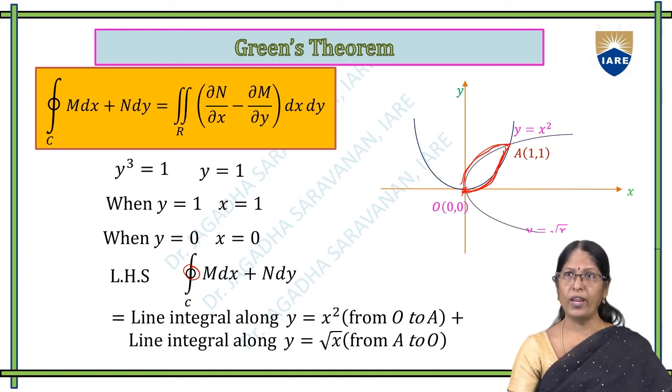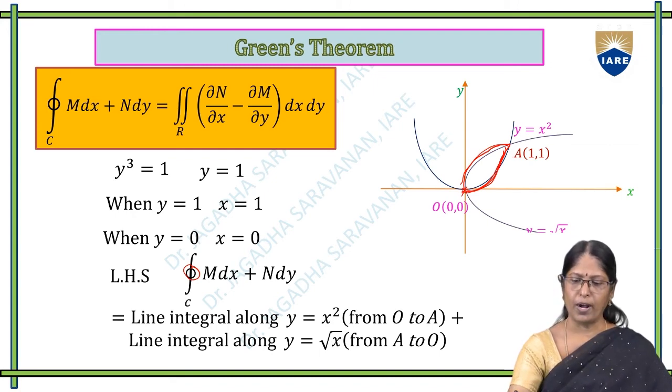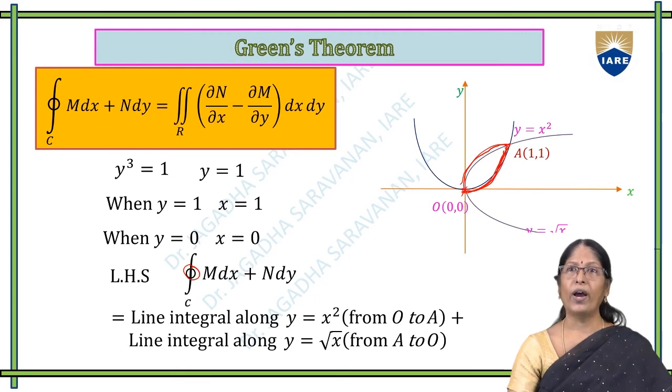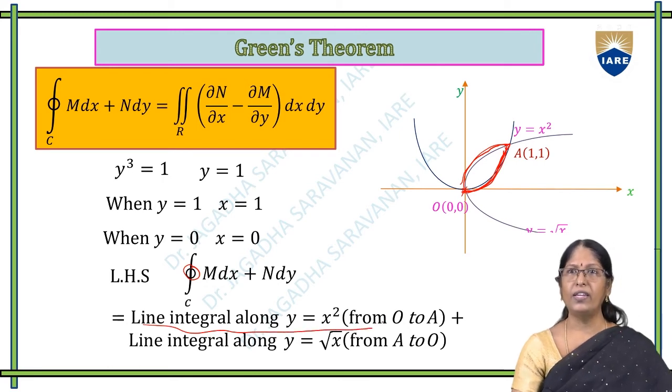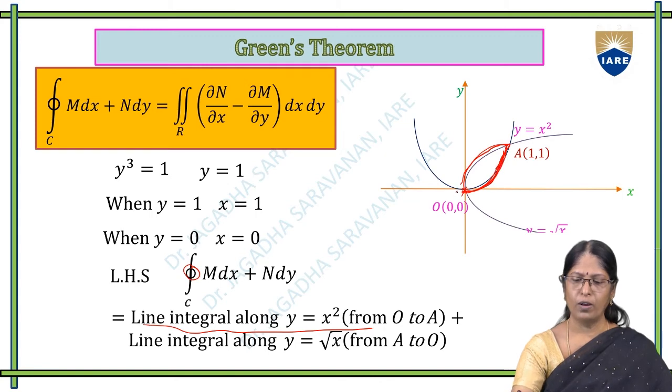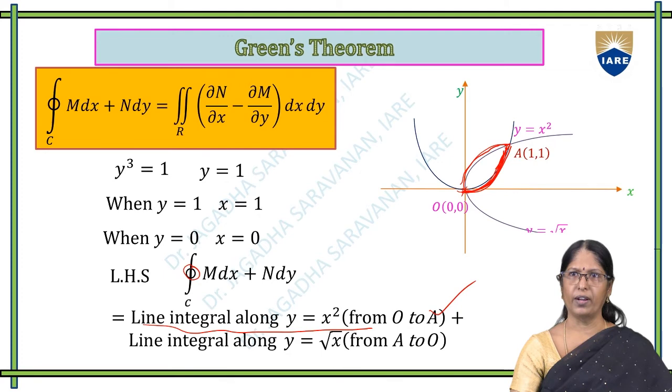The calculation is along y equal to x square, the parabola, from O to A. From O to A, this is the first line integral.